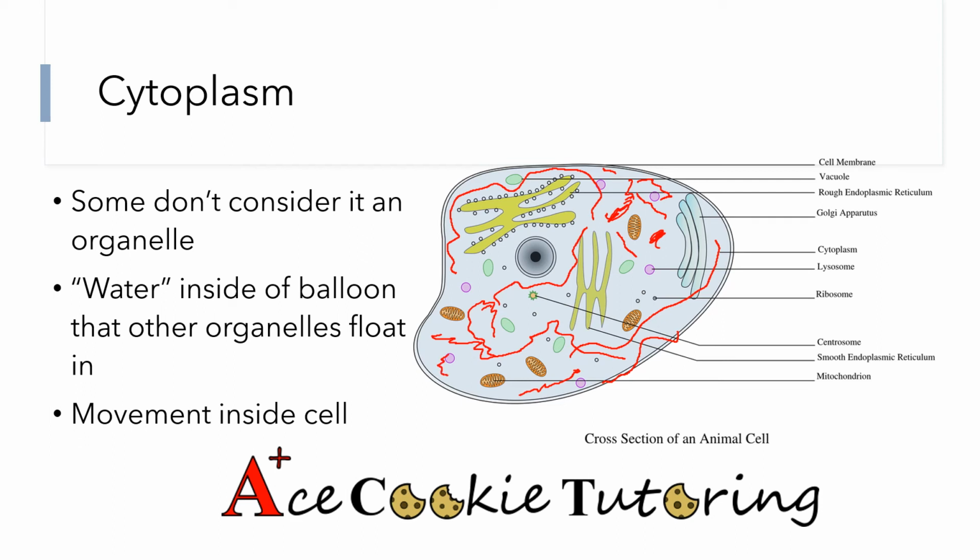The organelles can move in the cell, and different things can happen within the cytoplasm. Different actions, different processes can happen because of the cytoplasm. So again, not too many details, just know cytoplasm is inside of a cell, and it's not necessarily one tiny little organelle. It's just kind of the wet stuff or the liquid inside of a cell.